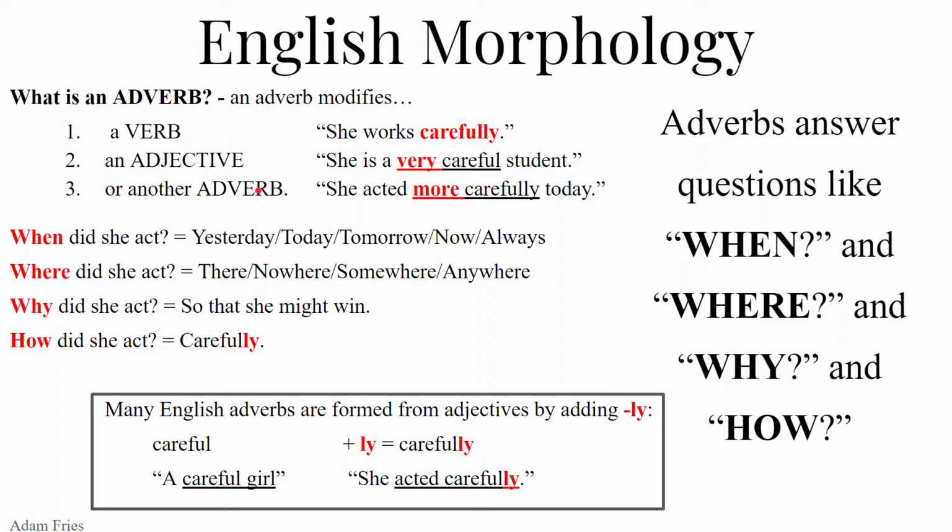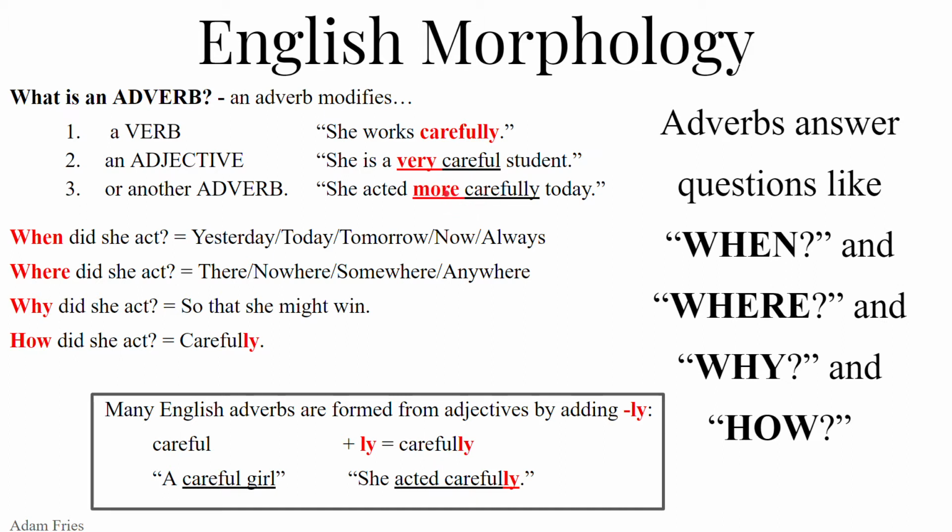And adverbs may finally modify another adverb, like she acted more carefully today, where we have the subject she, the verb acted. How did she act? She acted carefully. This is an adverb, carefully. Well, more, like very in sentence 2, this tells us the degree to which she acted.